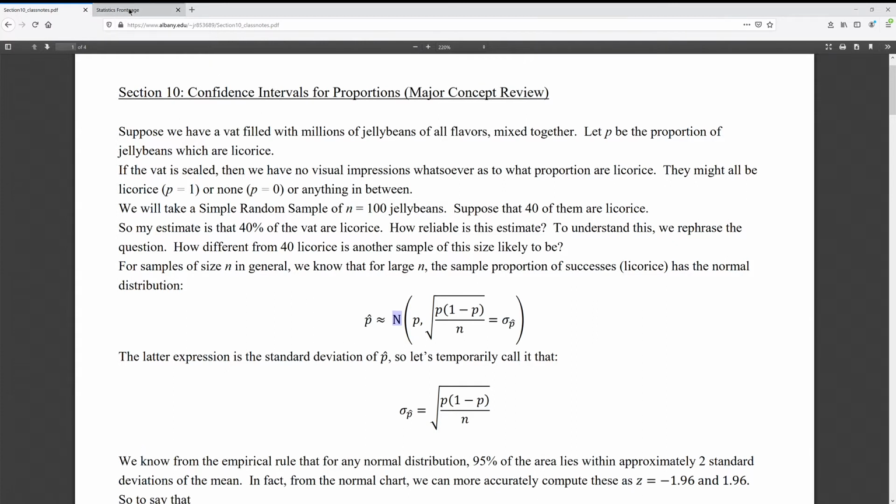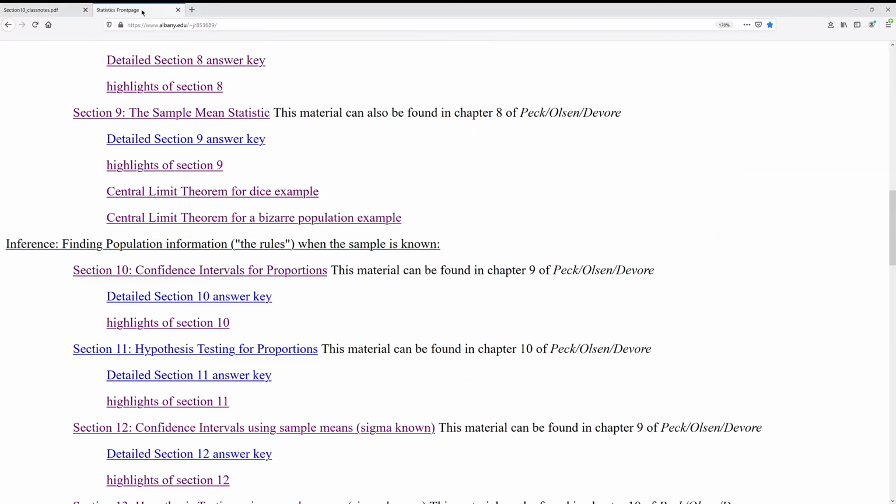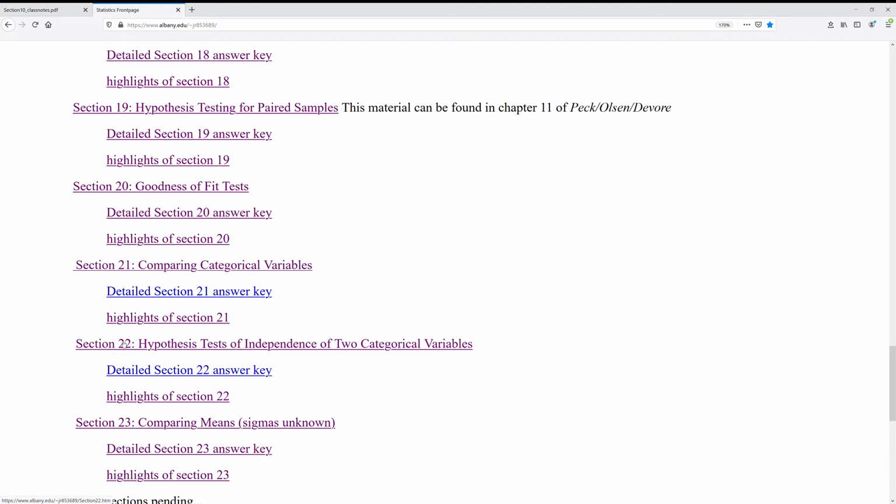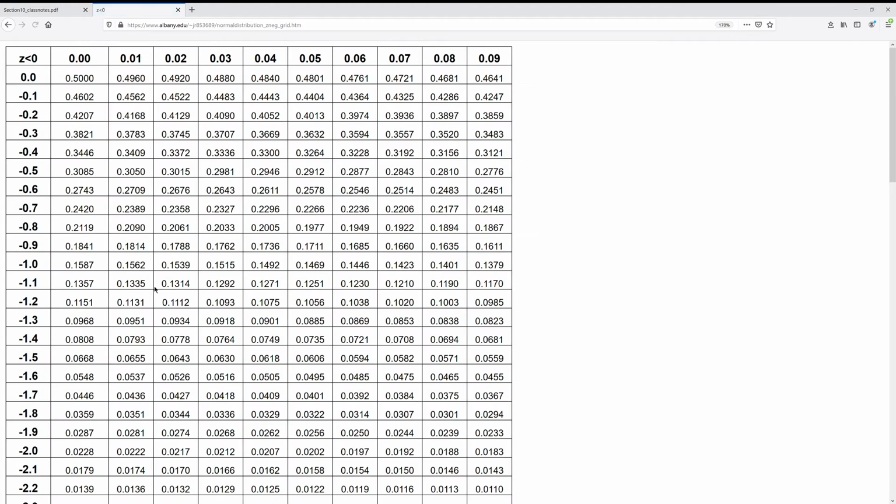But in point of fact, that was a little rounded, right? So if you have 95% of the area in the middle, then that leaves 5% for the tails, which is 2.5% for each tail, right? And that, in fact, is an exact entry on the chart. We say 2 standard deviations, but it's really more like 1.96, right?